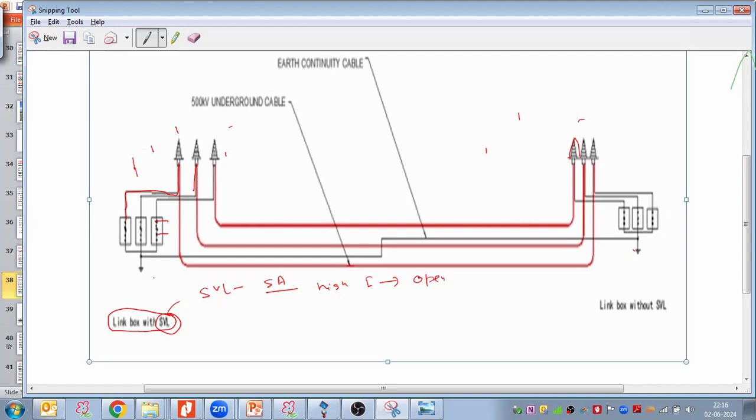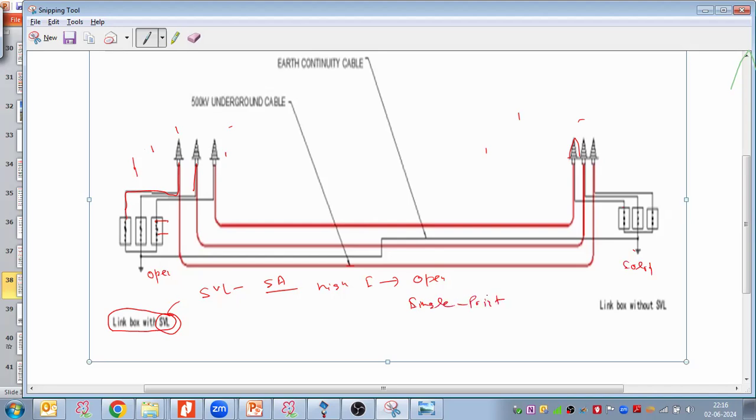So it is single bonded because it is providing a very high impedance. This point is open, this point is solidly earthed, so it is an example of single point bonding. Am I clear?